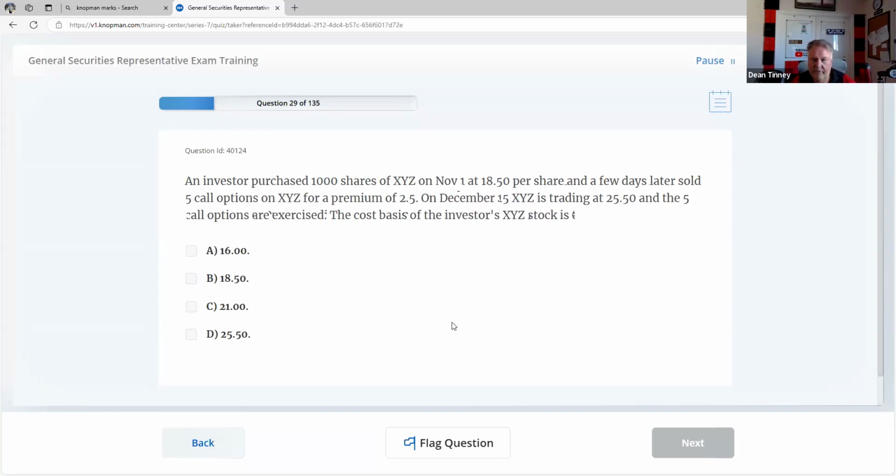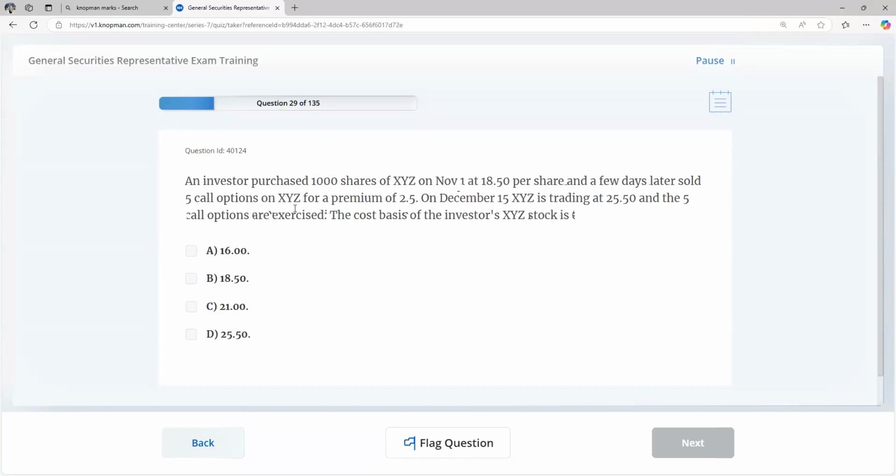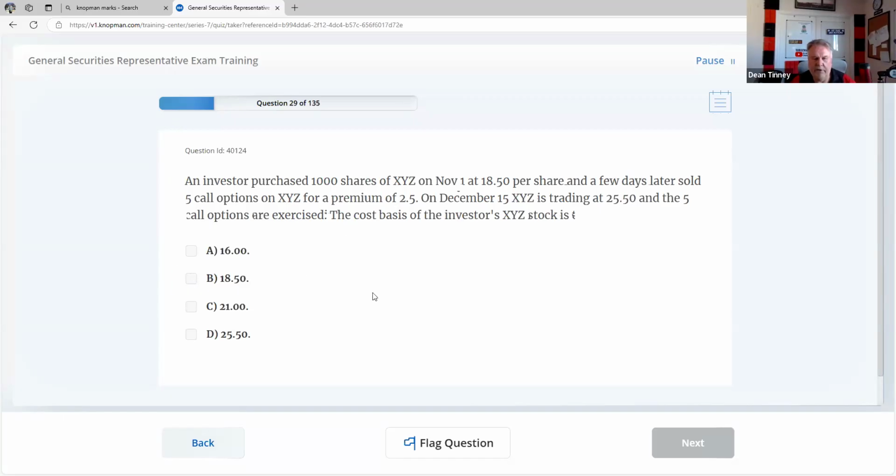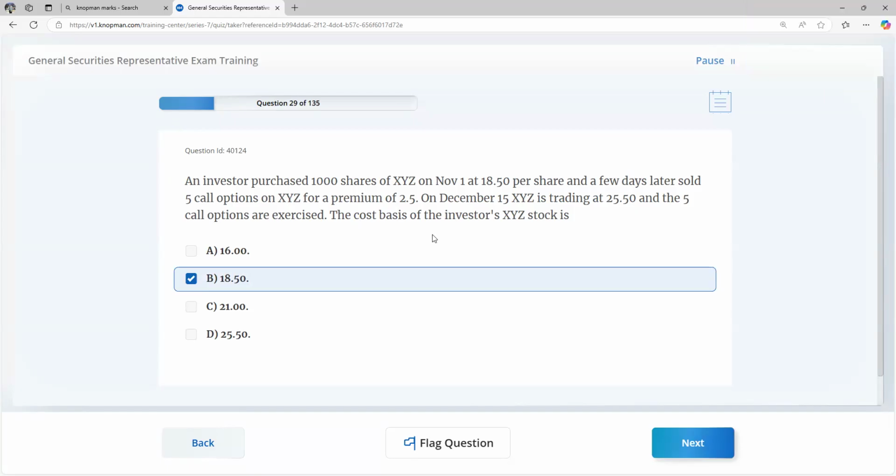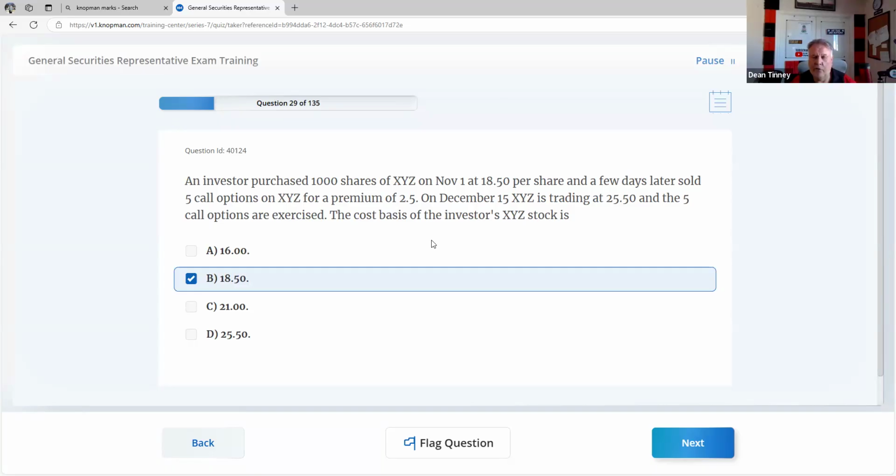Where did they tell us the strike price? Did I miss something here? The five call options are exercised. November 1st at 18.50. Yeah, it's going to be 18.50. I'm just wondering where they're telling us the strike price. I guess it doesn't matter to answer the question. I was just looking at it like stock cost. I think what you gave me is the more likely question, and what you gave me is break even.